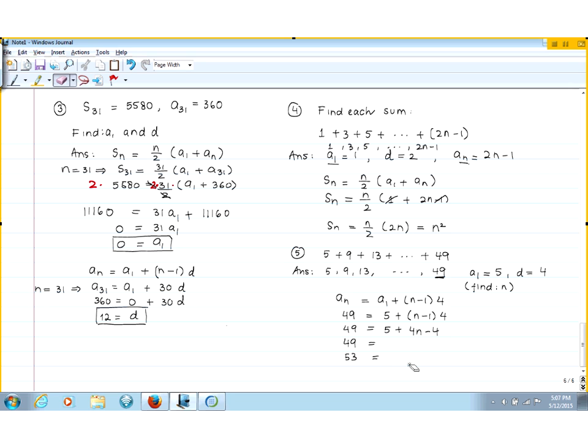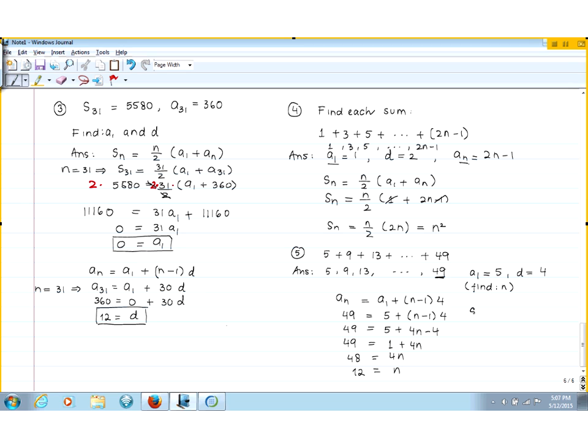So 4n minus 4. So 5 minus 4 is 1. So 1 plus 4n. So anyway, 48 is equal to 4n. So n is 12. Right?